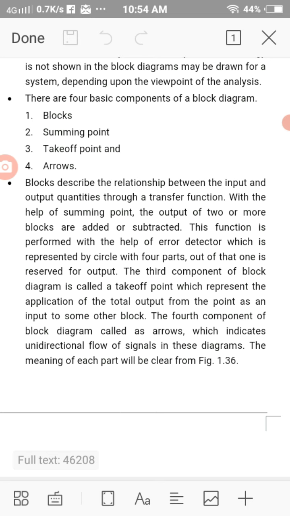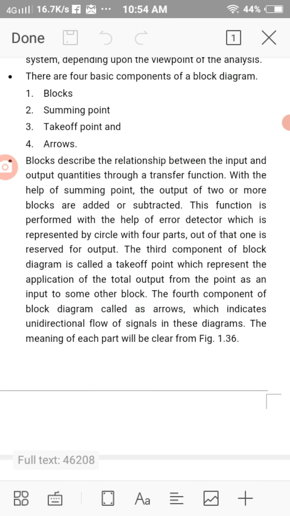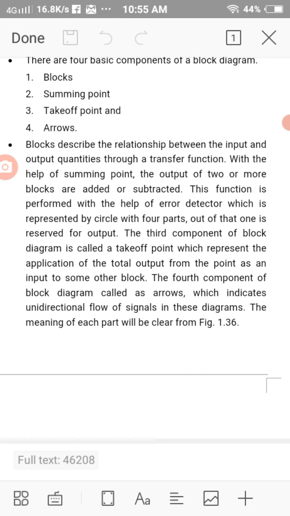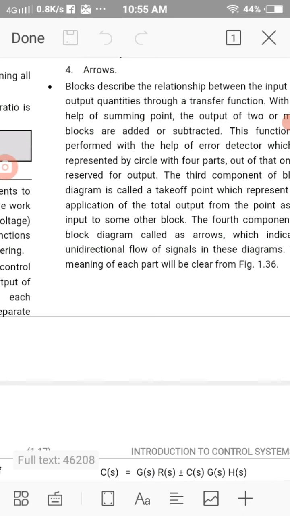Third, take-off point. Take-off point takes output from the output side and feeds back through a feedback system to the input. Then arrows show the direction of flow of signal.